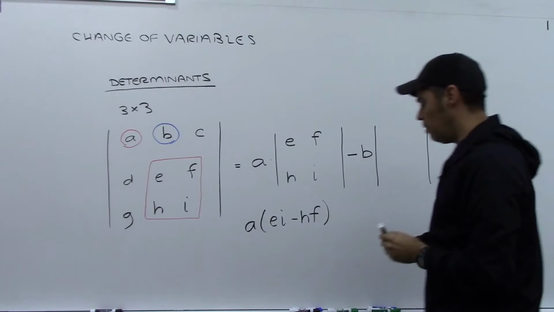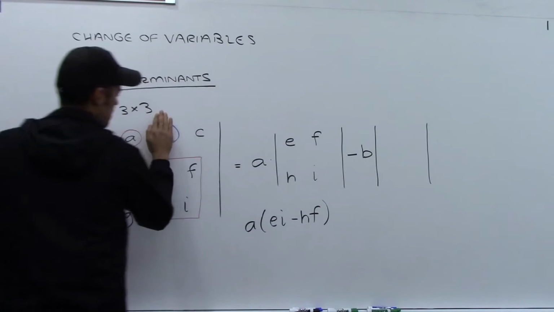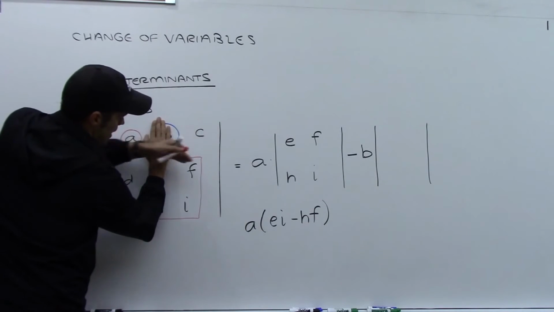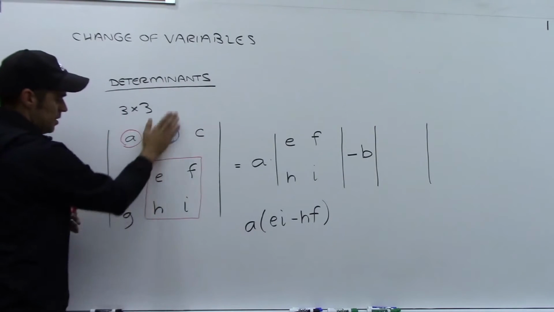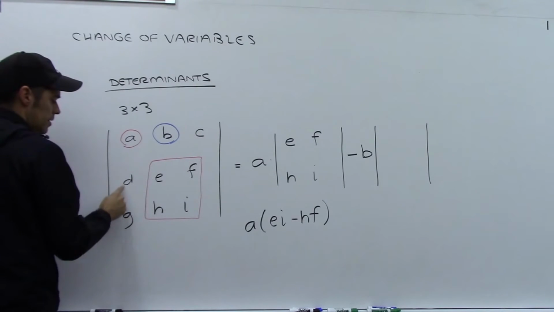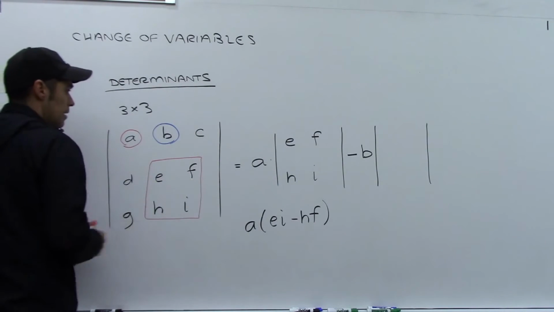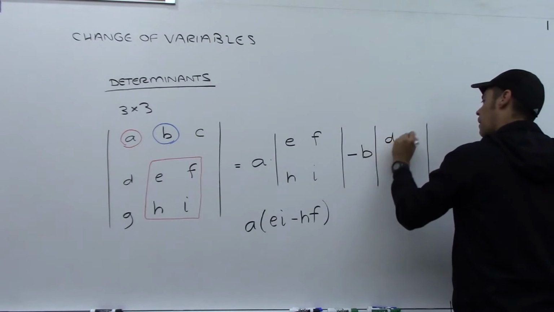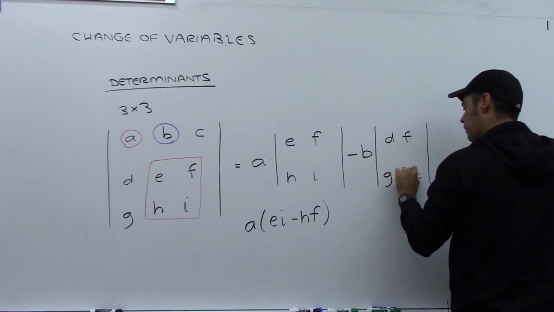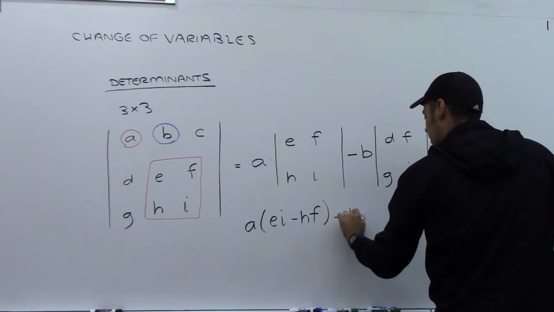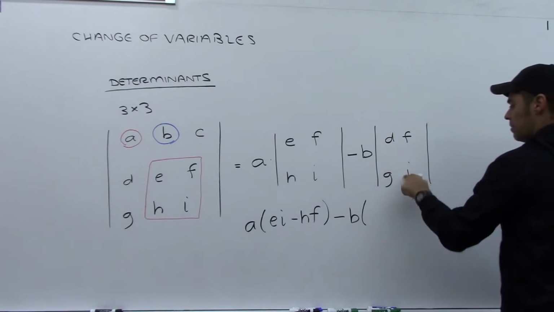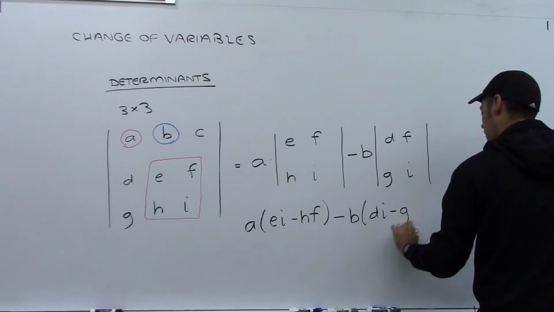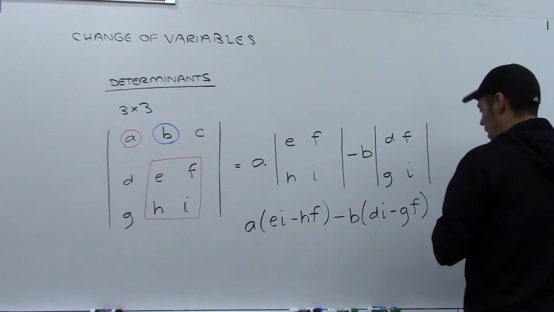Now for this determinant, we imagine we've covered up B, so we cover up this column, cover up this row, and we're left with D F, G I. So I have D F here and G I. Now of course this is negative B, and then D times I minus G times F. All right, and then we continue.